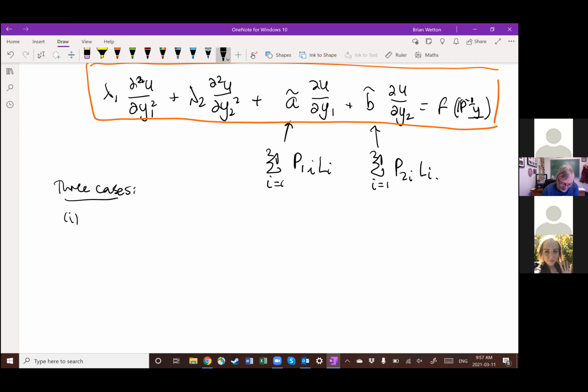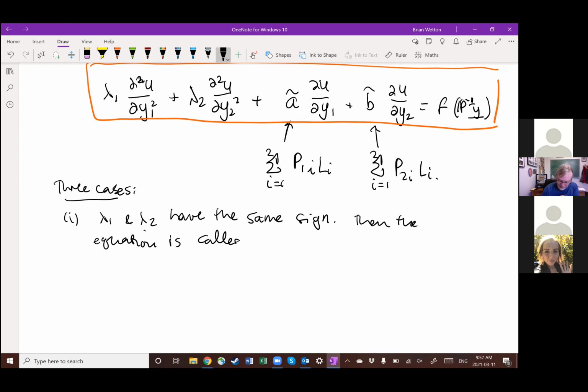You can have lambda 1 and lambda 2 have the same sign, and then the equation is called elliptic.